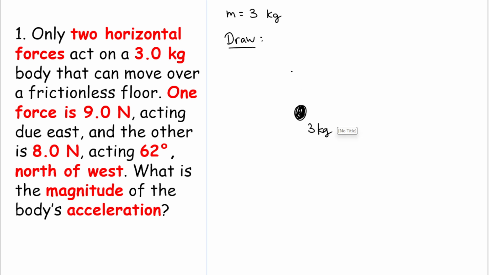So usually in the map, north is up, right? So why don't we just follow that? So this one will be our north, and then the opposite of north is south. Okay, south, and then to the left will be west, right? It is in the compass, looks like this.